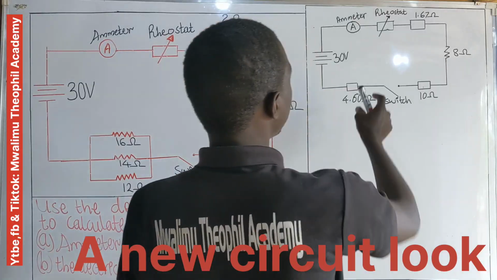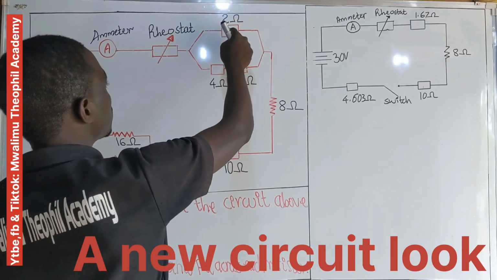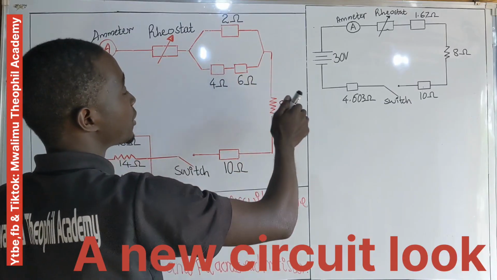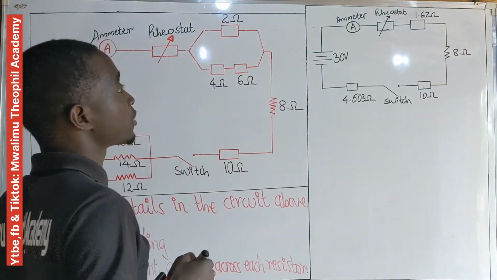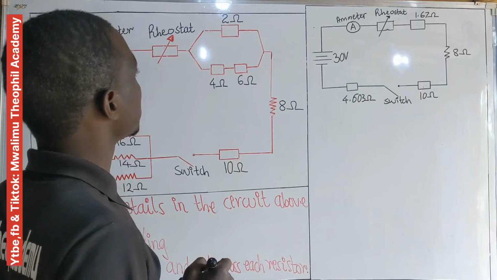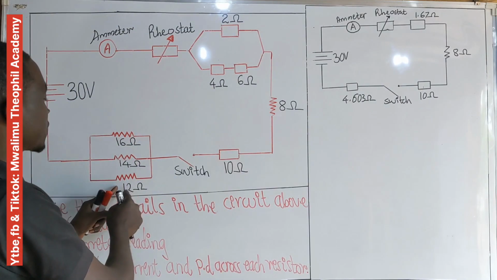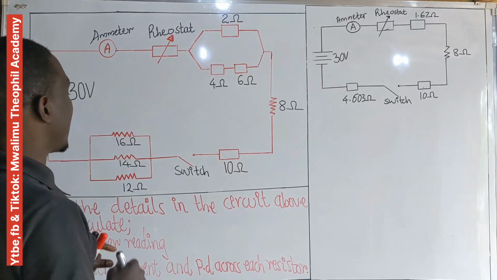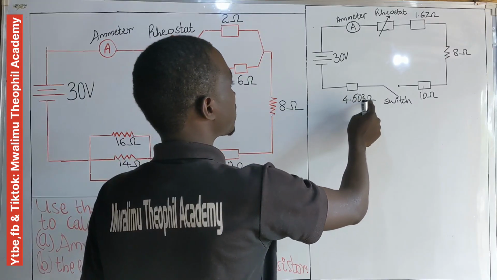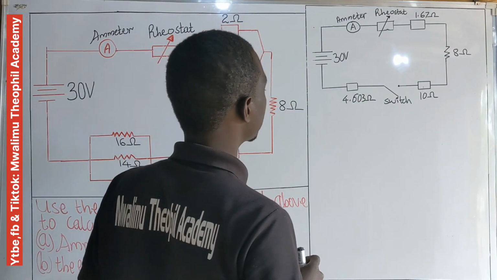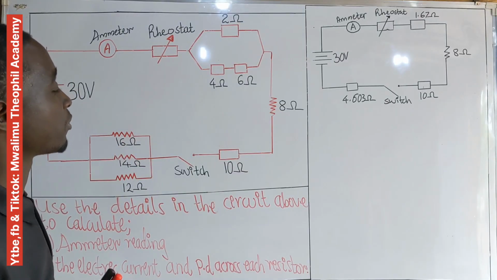When you look across this circuit, you find that the three resistors, 2 ohm, 4 ohm, and 6 ohm resistors are already replaced by 1.67 ohm, as it was the obtained effective resistance for the three. And again, 16 ohm resistor, 14 ohm resistor, and 12 ohm resistors are already replaced by 4.603 ohm, as it is the effective resistance for these parallel resistors obtained in the previous calculation.